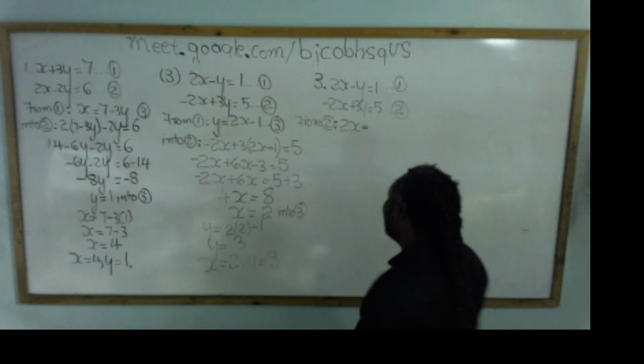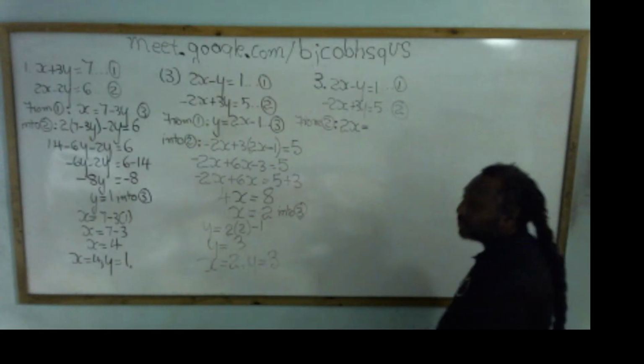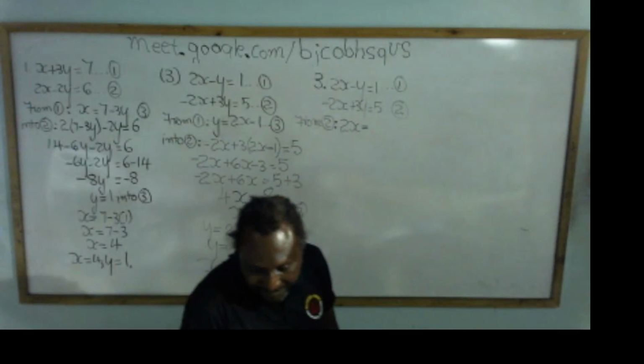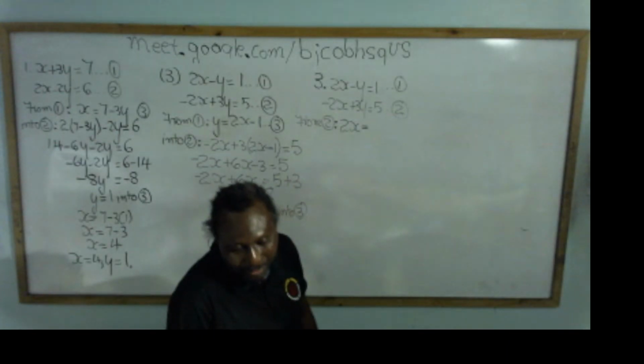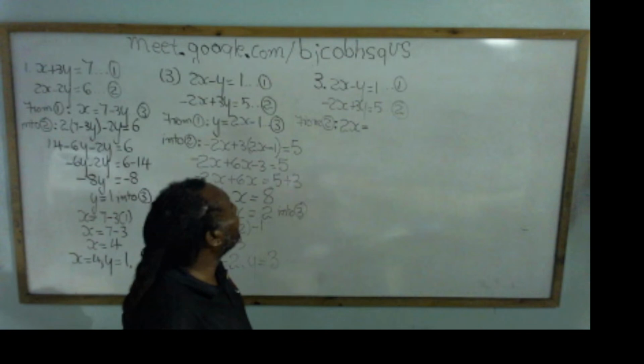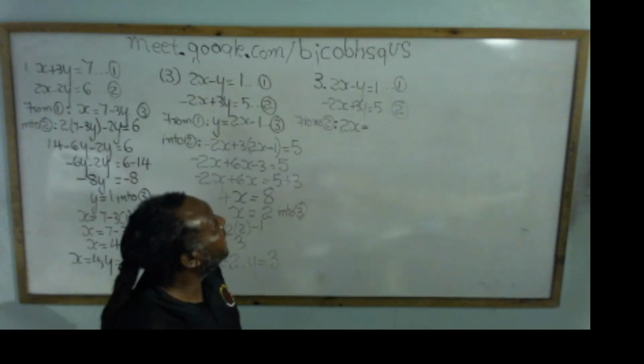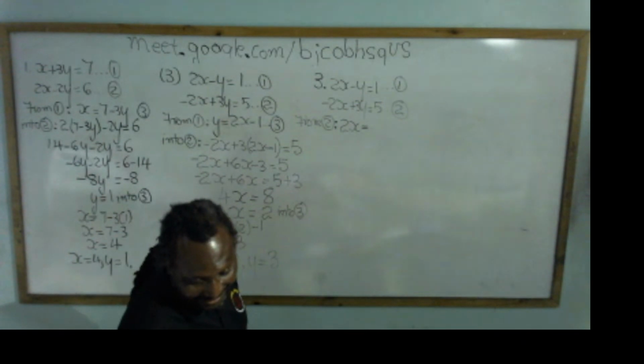I'm going to give you just a few more seconds. From equation 2, 2x is equal to 3y minus 5.